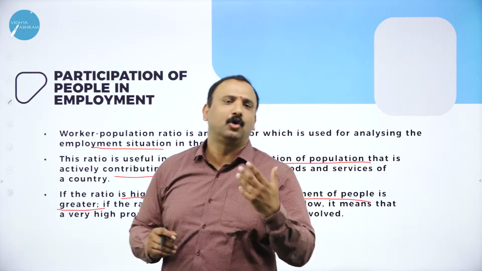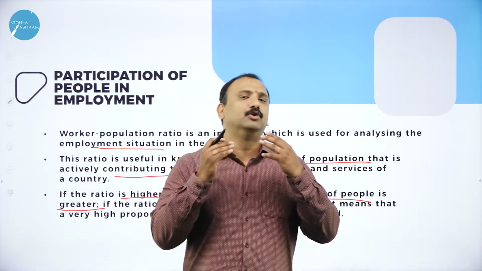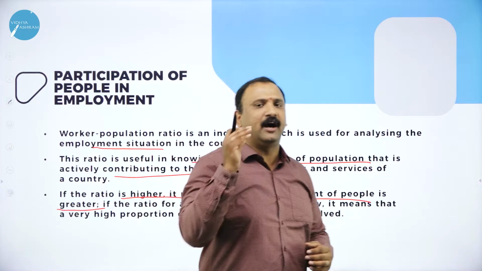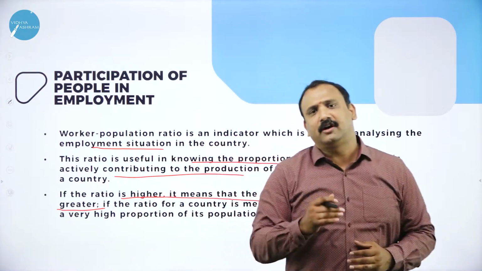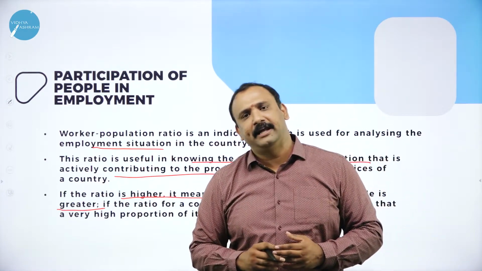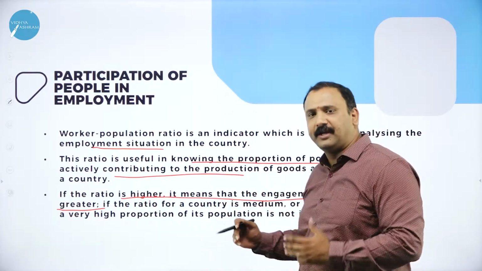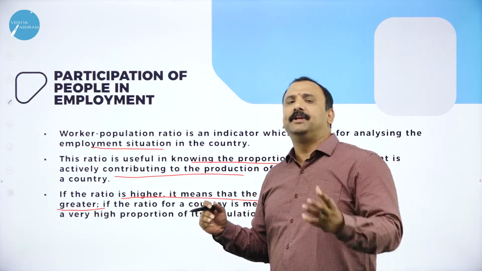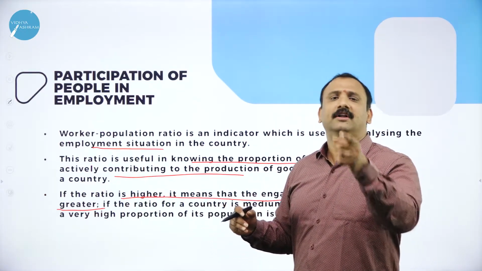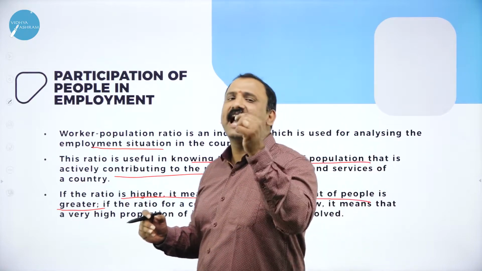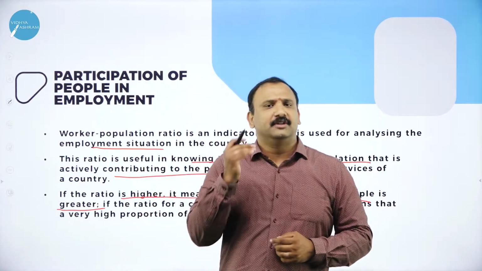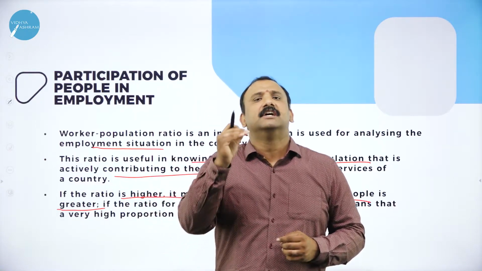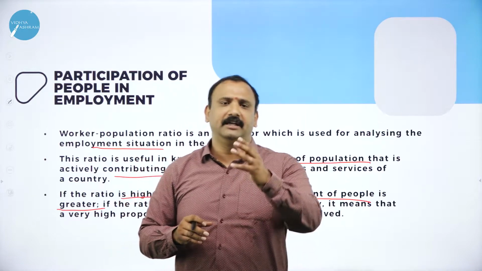Because you will be able to contribute better, you will be able to grow better, and you will be able to tell the other nations that your country is highly productive in nature. Now, if the ratio for a country is medium, that means we need to adjust somewhere, we need to come back. And if the proportion is low, that means we have to increase active employment in the country. So this worker population ratio, the participative nature, all of this matters to the development of the economy in the long run.